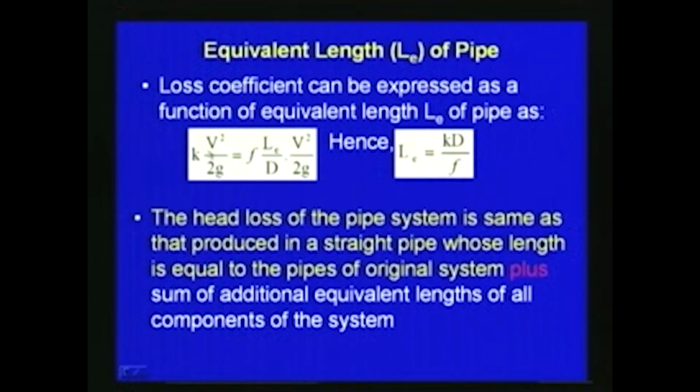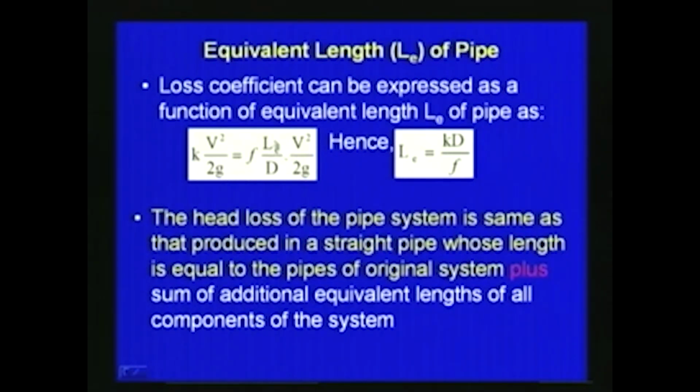To get that equivalent length, we equate the minor loss K into V square by 2g to f into LE by D into V square by 2g, which is the Darcy-Weisbach equation, f L V square by 2gD. So this LE is the equivalent length corresponding to the loss coefficient of the minor loss K V square by 2g.